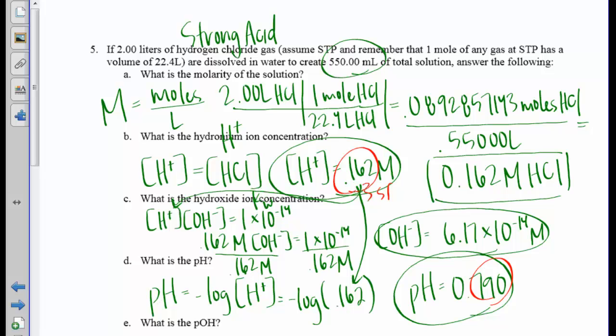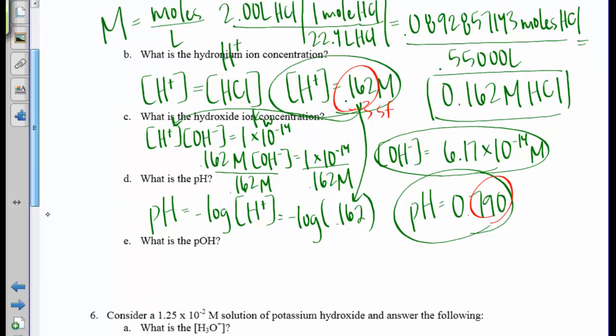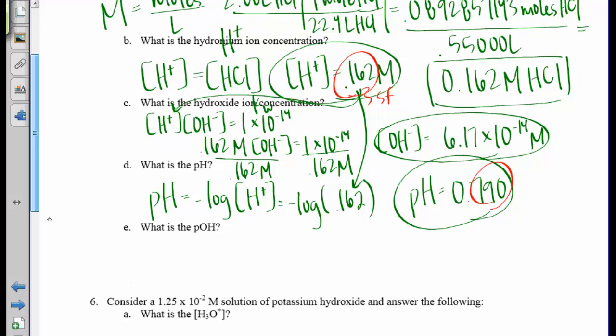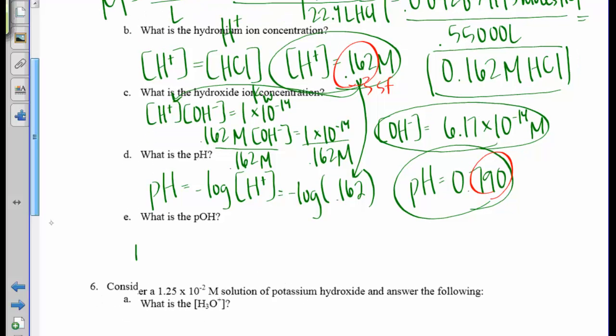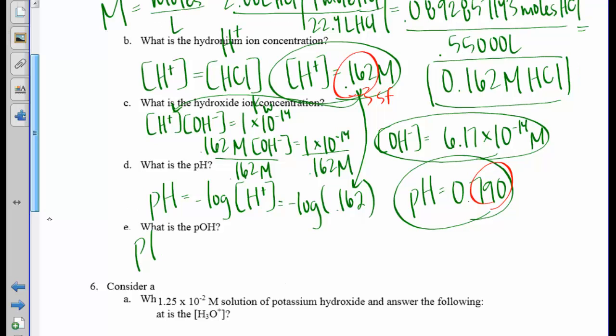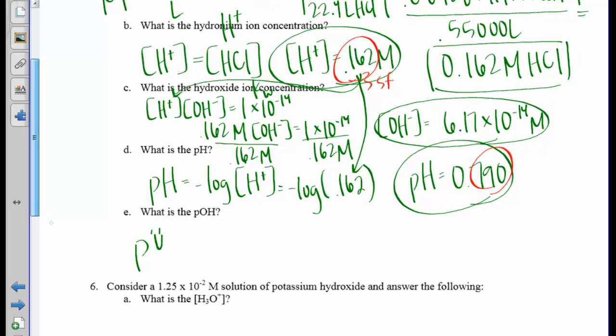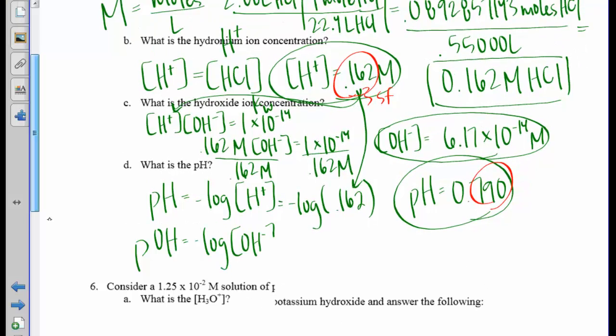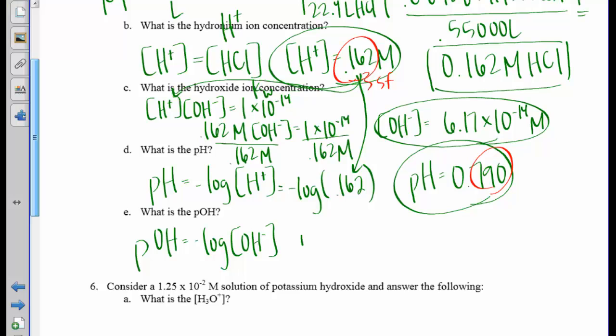And then lastly, what is the pOH? There are 2 ways we could approach finding this, and either is going to give us the same answer. We could take the negative log, since pOH is the negative log of the hydroxide ion concentration, which we calculated above, or we could recognize that pH and pOH are related by this equation.